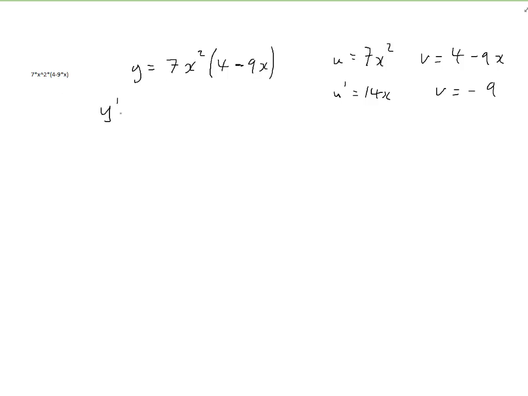So y dashed is this times this, so 14x times 4 minus 9x. Here comes the first advantage of using not a real whiteboard, because I put this in a very inconvenient place.